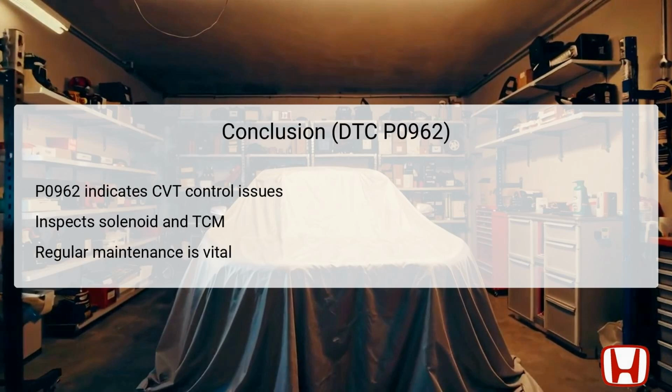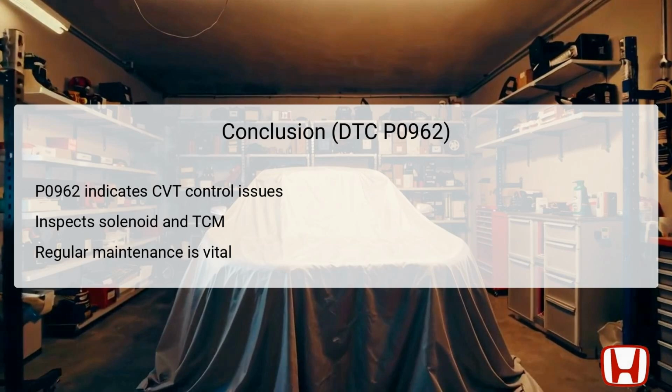In conclusion, the DTC P0962 signifies a malfunction within the CVT drive pulley pressure control valve circuit, impacting vehicle performance. Comprehensive diagnosis, focusing on the solenoid and the TCM, is necessary to identify and rectify the underlying causes. By following systematic troubleshooting steps, technicians can pinpoint issues effectively, ensuring repairs restore the function of the transmission.